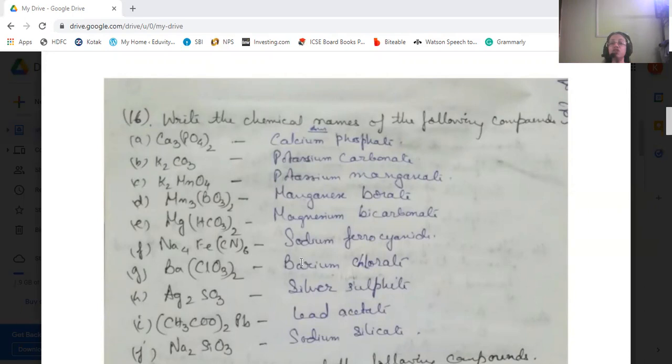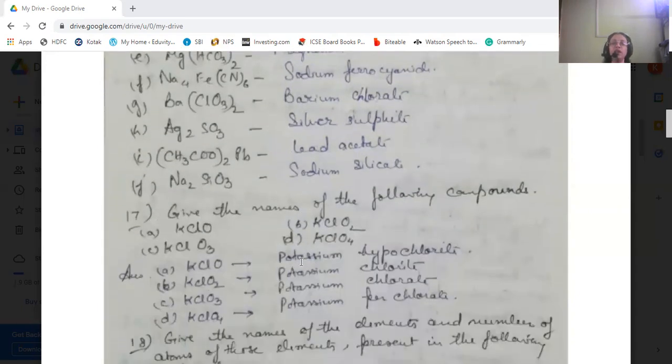Mg(HCO3)2, magnesium bicarbonate; Na4Fe(CN)6, sodium ferrocyanide; then Ba(ClO3)2, barium chlorate; Ag2SO3, silver sulfite; (CH3COO)2Pb, that is lead acetate. Okay. Then Na2SiO3, sodium silicate.